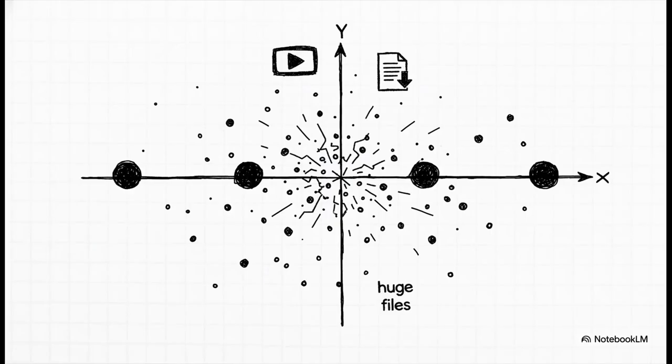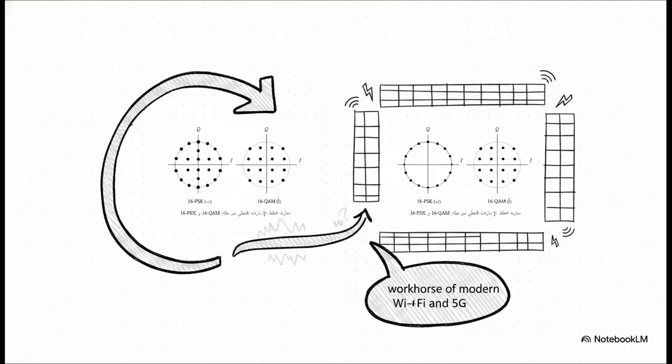But you can see the problem, right? A single line is, well, limiting. To get the insane speeds we need for streaming 4K video or gaming online, we have to pack way more information into every signal we send. We've got to break free from that one-dimensional line and expand into a whole new dimension. And this is how we do it. On the left, if you only use phase to encode data, all your points end up in a circle.